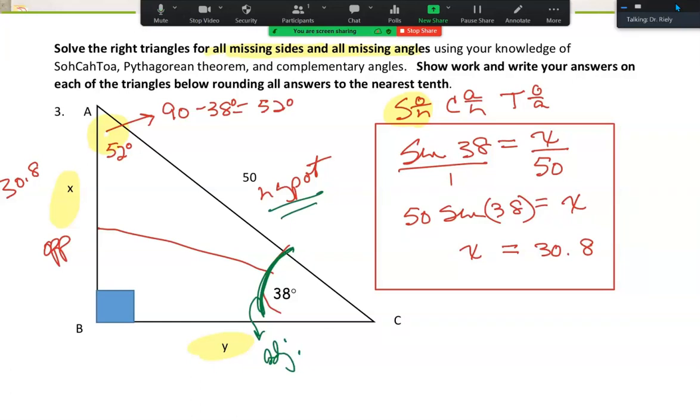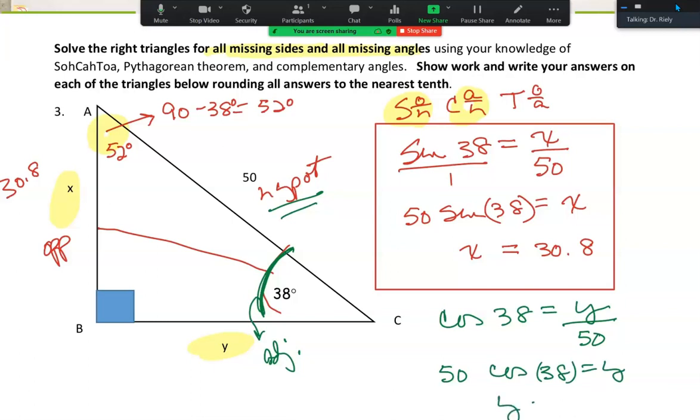So adjacent over hypotenuse is going to be cosine. So the cosine of 38 equals Y over 50. So then 50 times the cosine of 38 will equal Y.